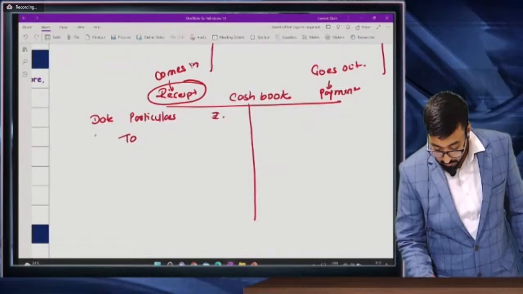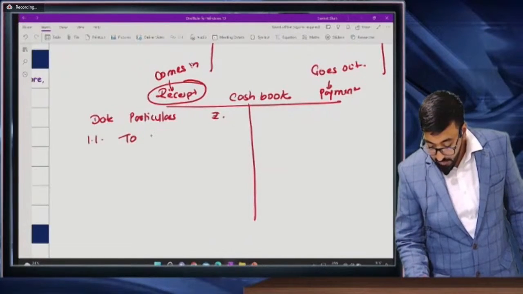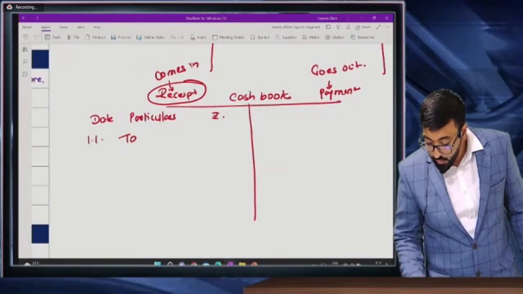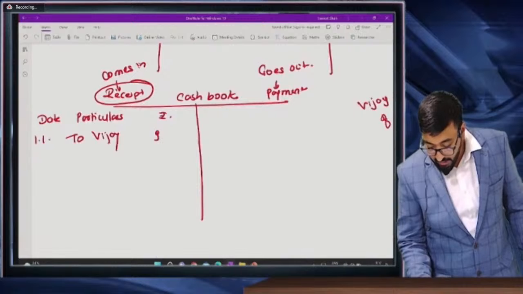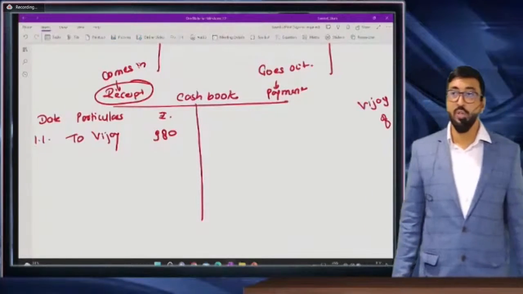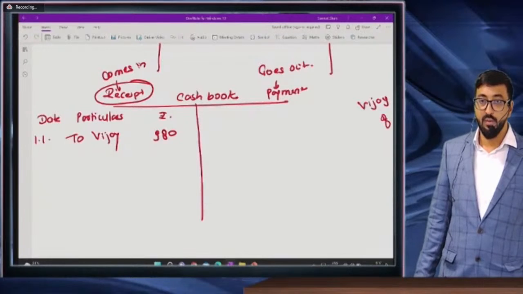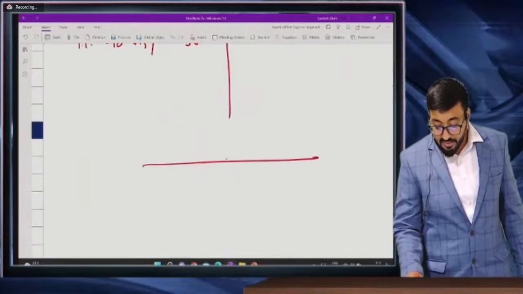Suppose on 1st Jan, he has paid me only 980 rupees. So cash account debit to Vijay 980. And 20 rupees is a discount.